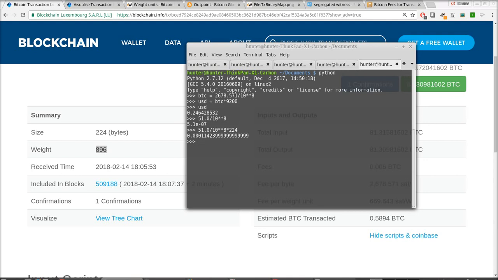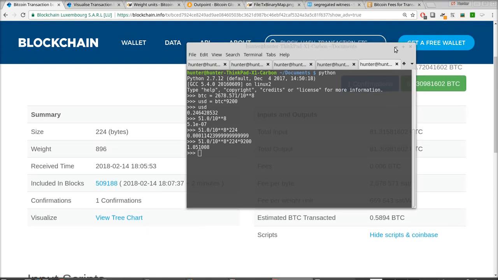Okay, so that's the total amount of Bitcoin that it cost to make this transaction. Now let's multiply times the current exchange rate of Bitcoin, which is about $9,200. And so, I don't know what's going on, but this person could have gotten included in the next block for a fee of $1.05, and yet they chose to pay $50.